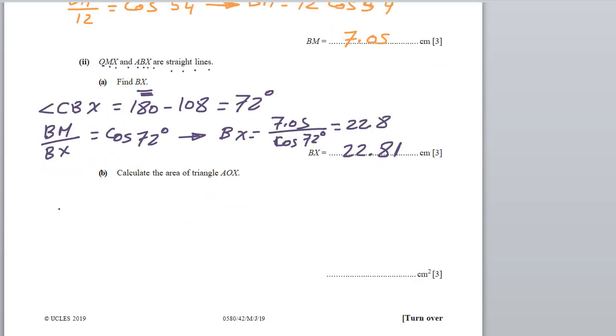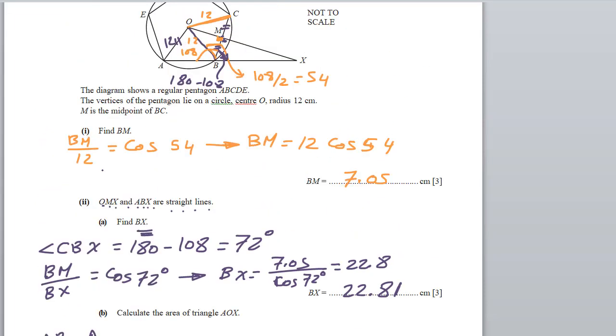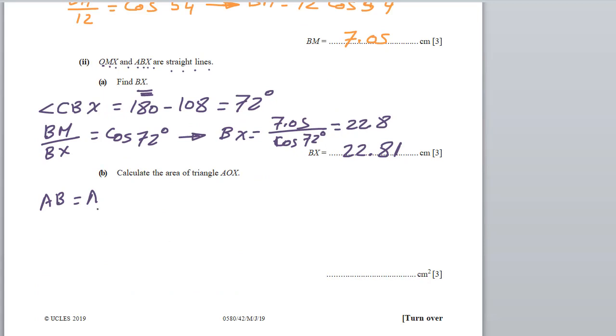AB is equal to BC, and BC is equal to 2 multiplied by 7.05.